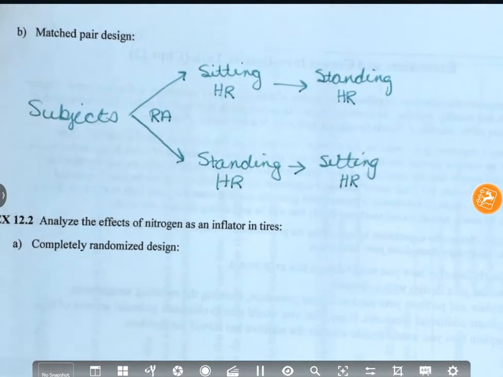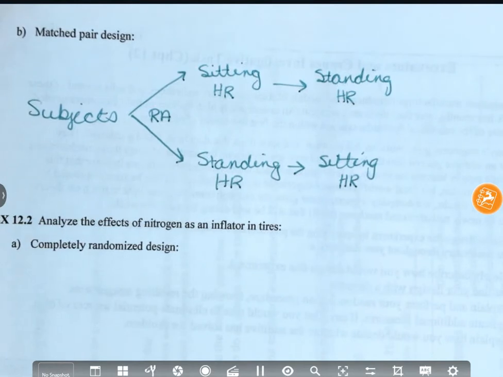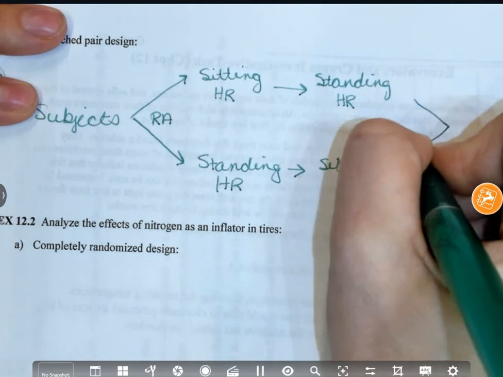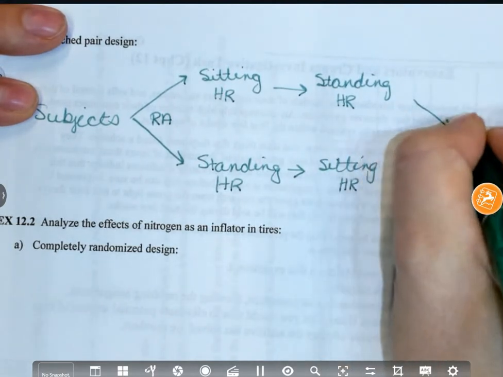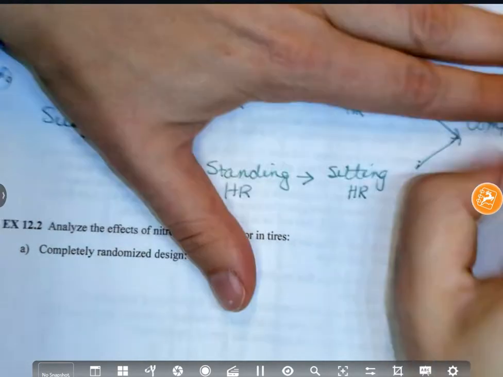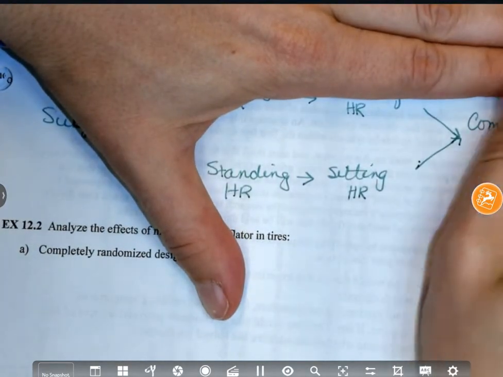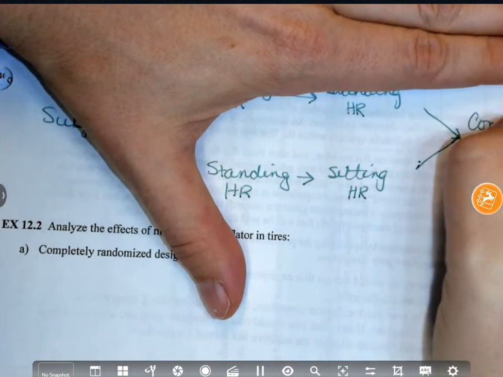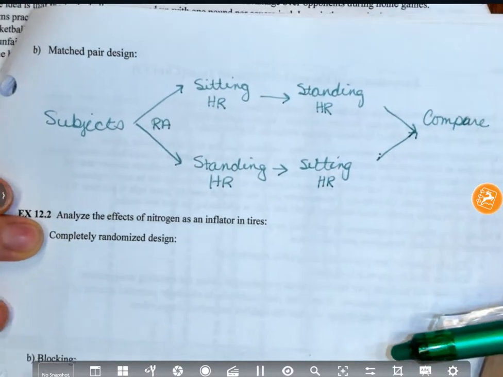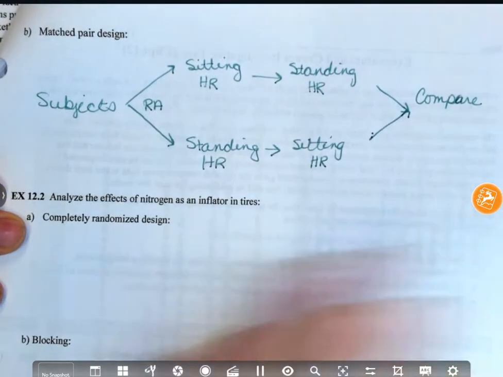Understand what I'm talking about there? What we're going to do is, with this, I can still compare. So I'm going to compare, and I'm going to set an order.